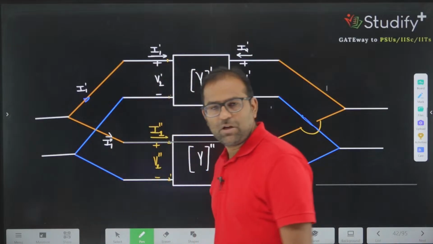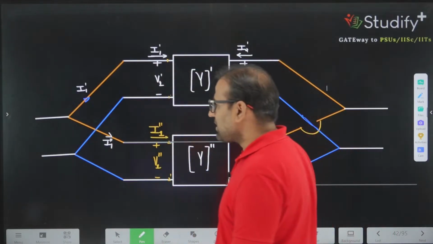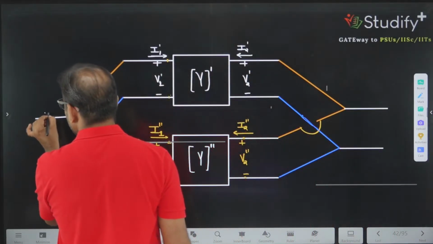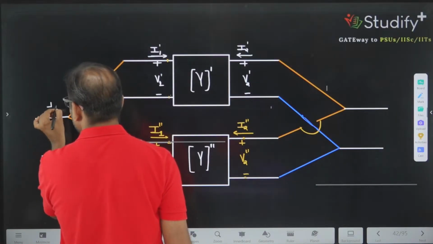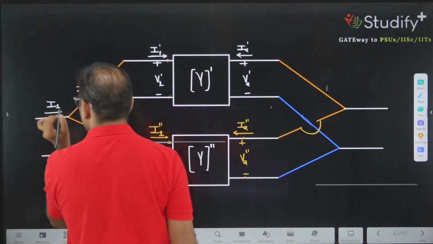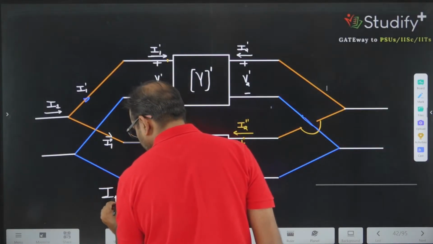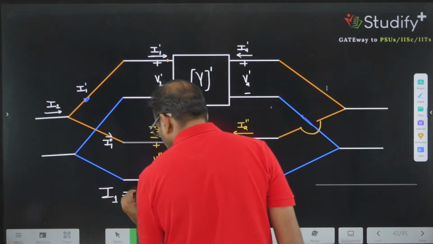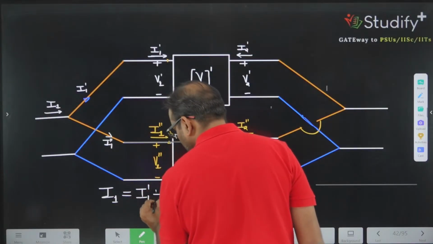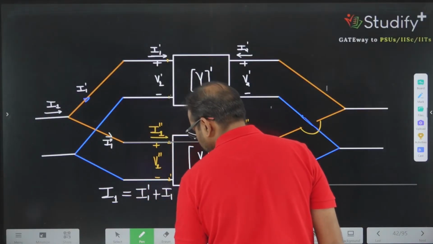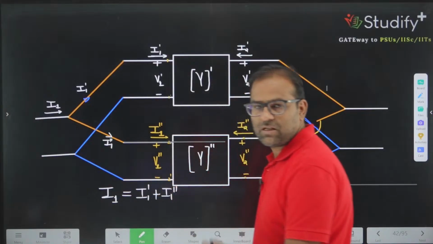I1 double prime. So one equation I can write, and what is that equation? The current which is going away from here, if I write this current I1, we know the value of I1 is given by I1 prime plus I1 double prime, correct?